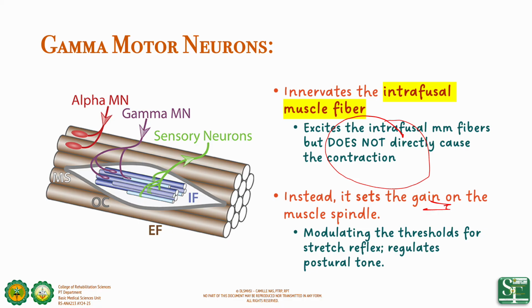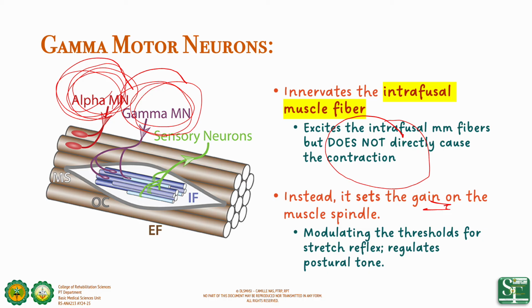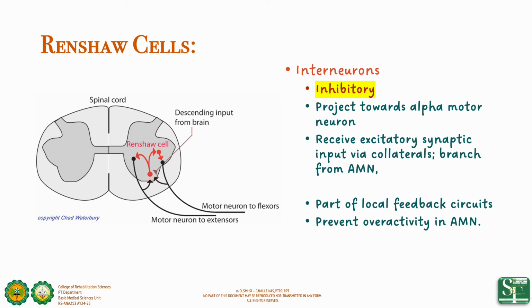So, sino talaga yung nakakapag-produce ng contraction? It's the alpha motor neuron. Sino yung nag-modulate? No? That is the gamma motor neuron. Para ma-set nila yung point kung gaano kalakas na contraction yung ipoproduce. That's your gamma motor neuron. Okay, Renshaw cell. So, this is the interneuron, no?